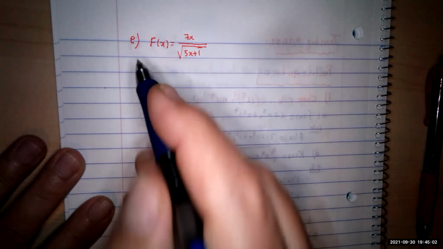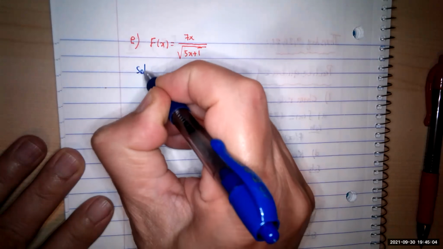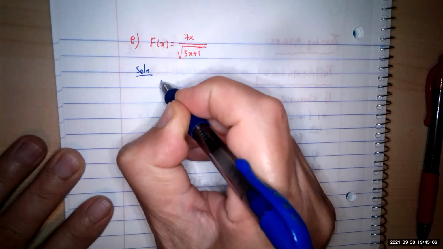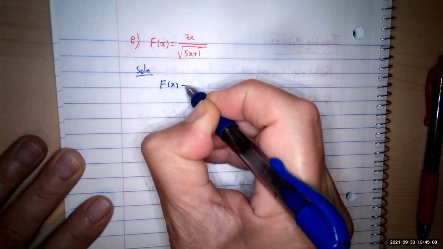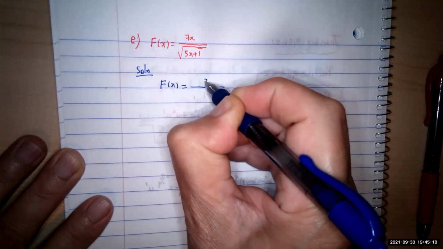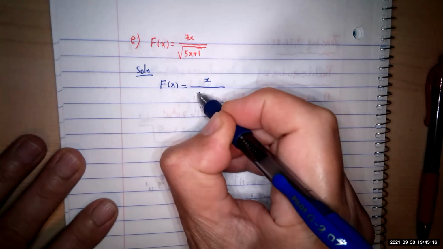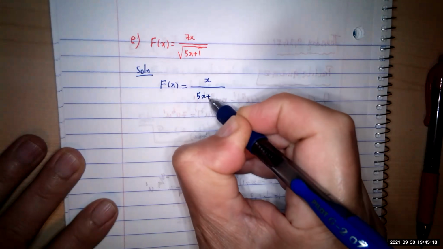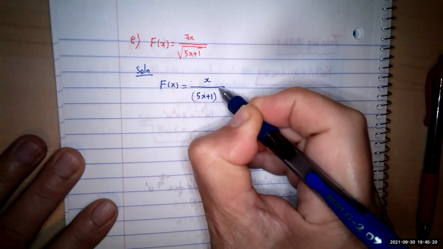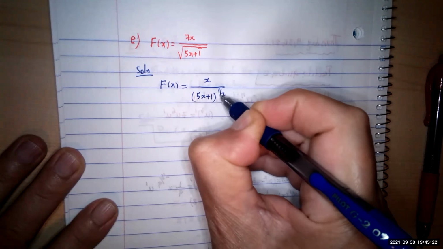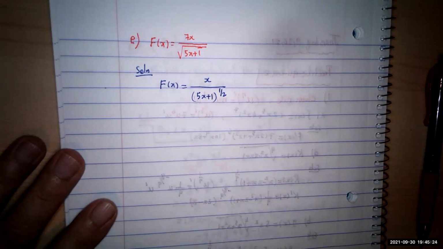This is how you rewrite it. f of x equal to x over, you change the radical, you know that the index is 2, so it's 5x plus 1 to the half because of the square root.